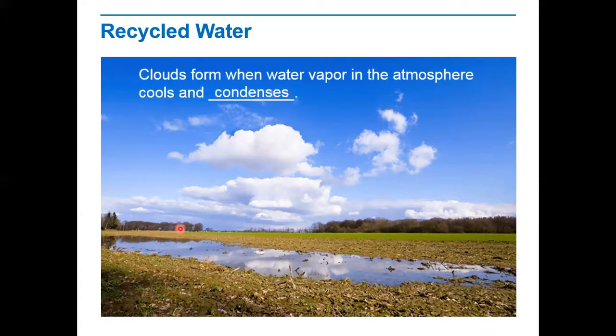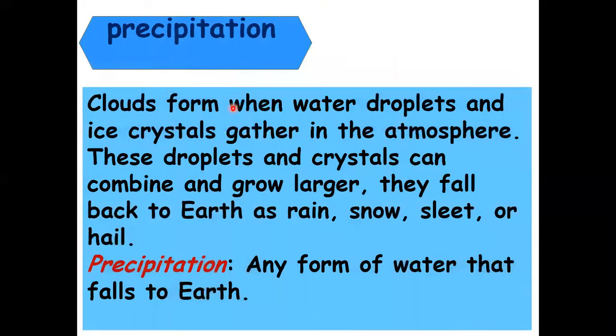After it evaporates, the water vapor rises into the air, and what will happen? It will condense. This is clouds. Clouds form when water vapor in the atmosphere cools and condenses.